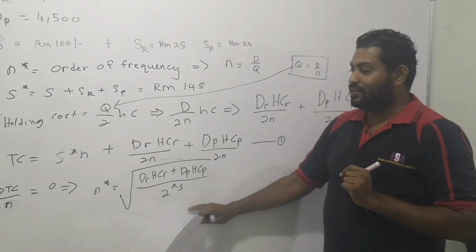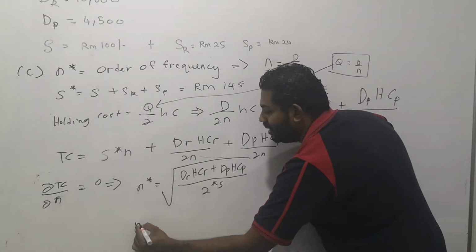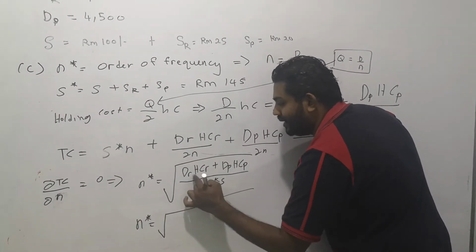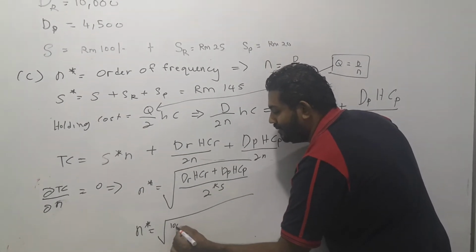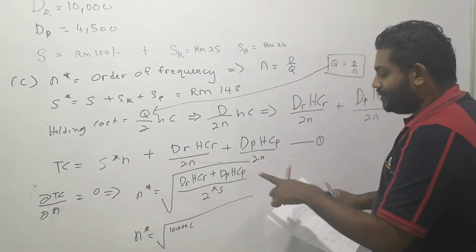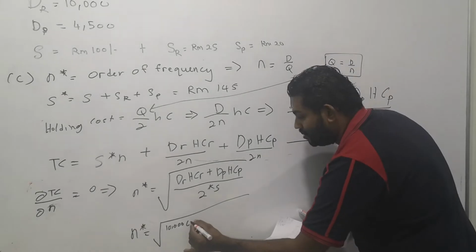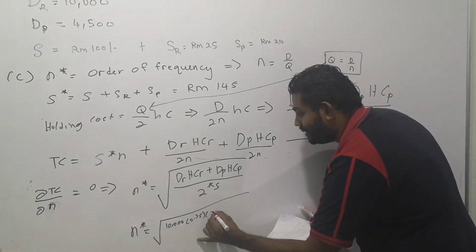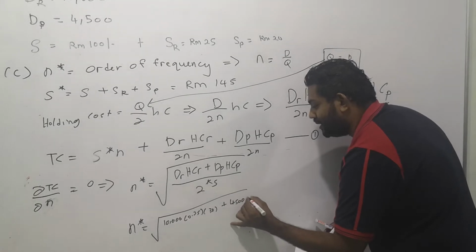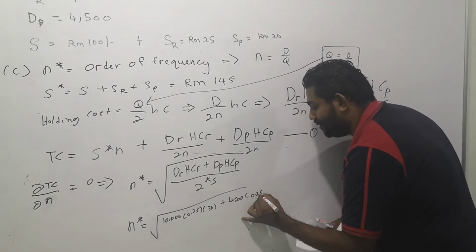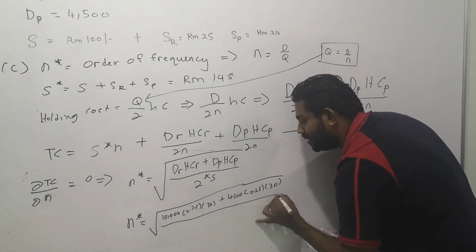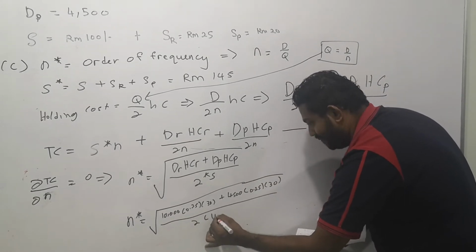So when you already get this, you can substitute the values to find the optimal N, which is the square root of DR for regular, 10,000 boxes, HC is 0.25 times 30 ringgit, plus 4,500 times 0.25 times 30 ringgit, divided by 2 times 145.